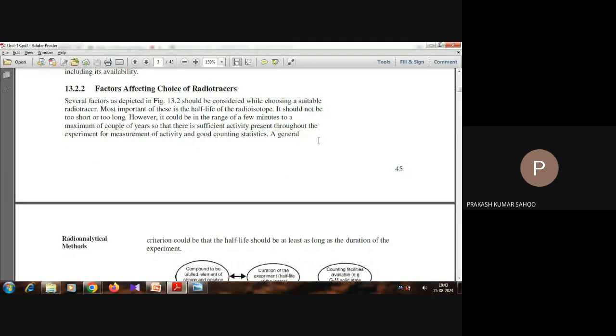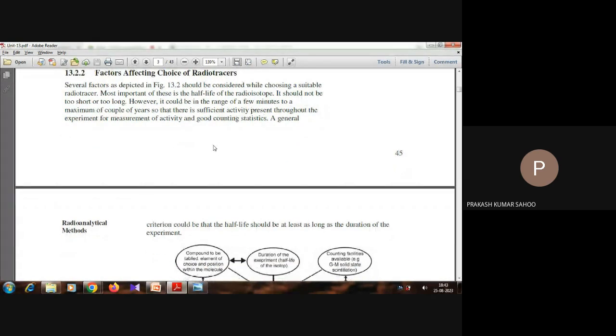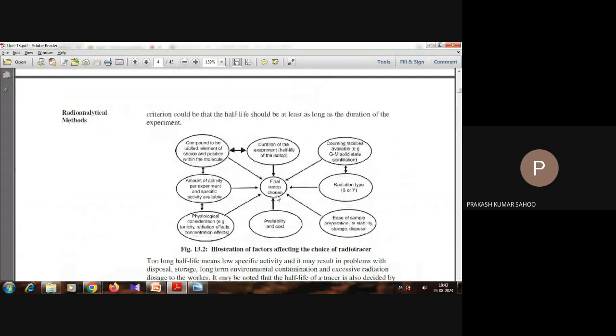So what are the factors affecting the final isotope chosen? Before that, we have the duration of the experiment and the half-life of the isotope. This is very important: the duration of the experiment depends on the half-life period of the isotope. Then this correlates with the compound to be labeled, the element of choice and its position within the molecule.